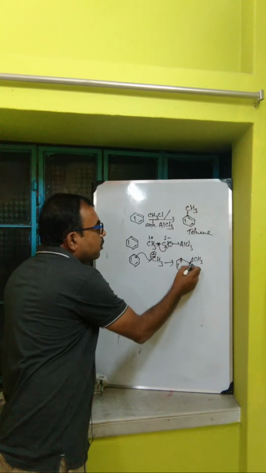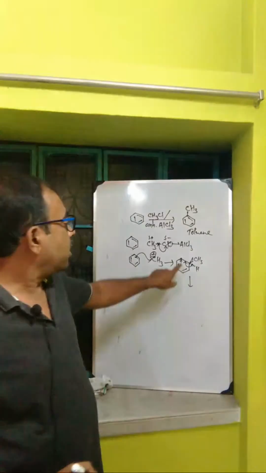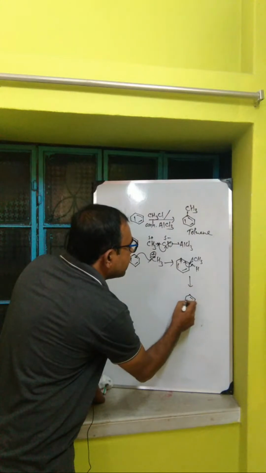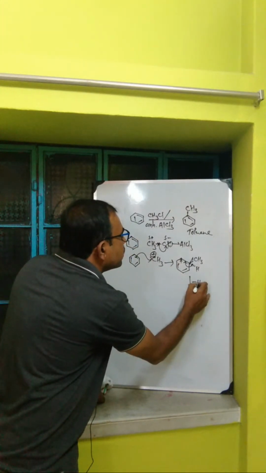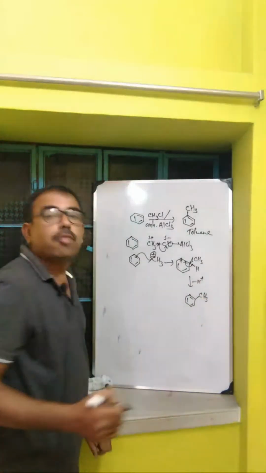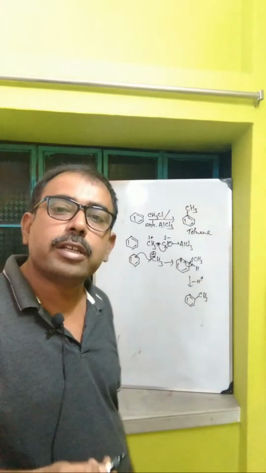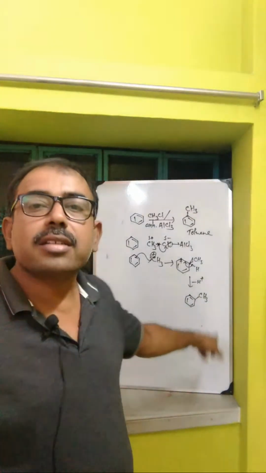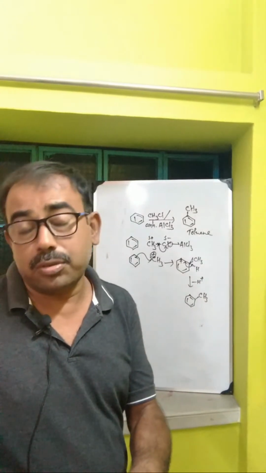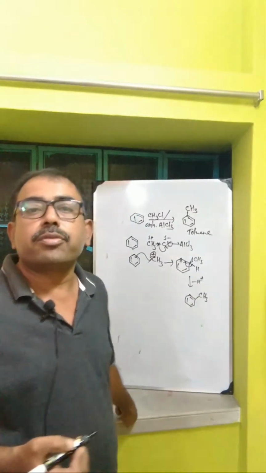Next, hydrogen is removed by losing its paired electrons, and benzene is re-formed, the hydrogen released as an H plus ion, and CH3 comes in place of the hydrogen atom. So the CH3 group is substituting the hydrogen atom. That is how toluene is produced. So this is the mechanism of Friedel-Crafts alkylation.